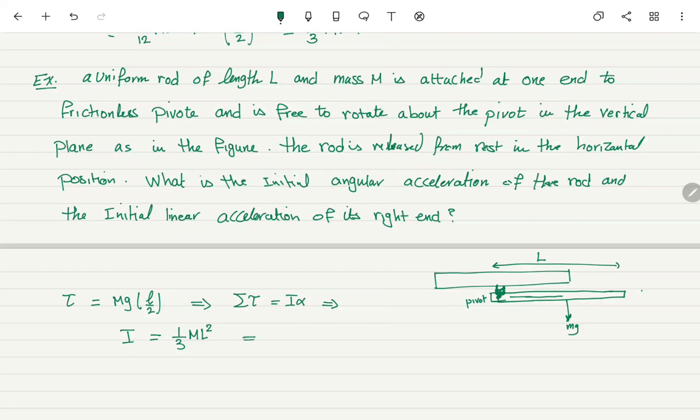Now alpha is equal to the net torque over I. In other words, mg L over 2 divided by 1/3 ml square, or 3g divided by 2L, and this is the angular acceleration.